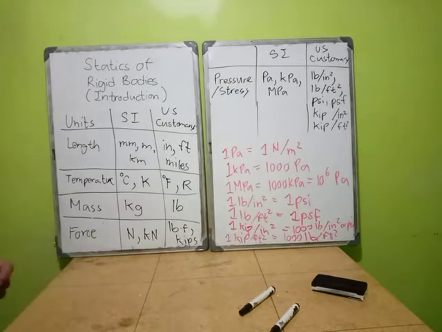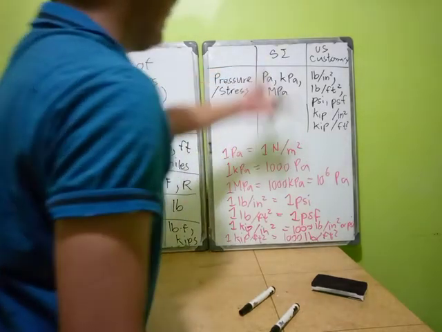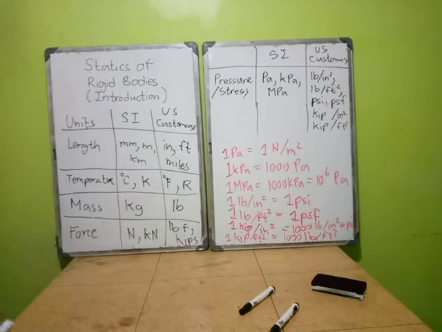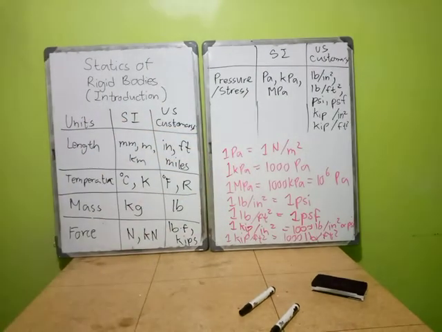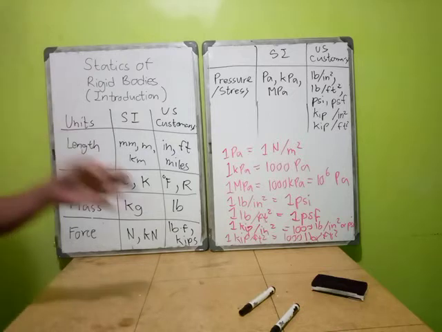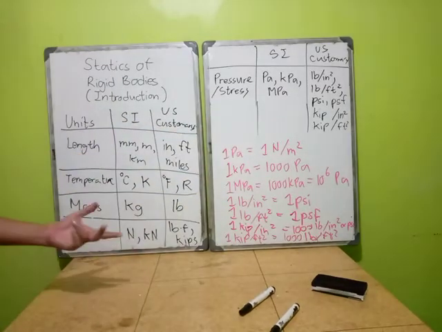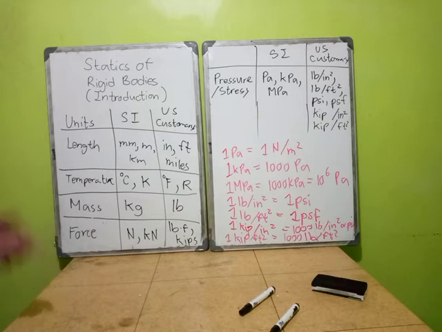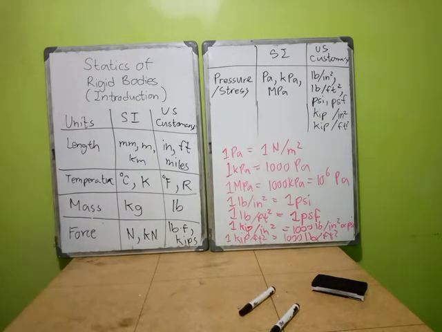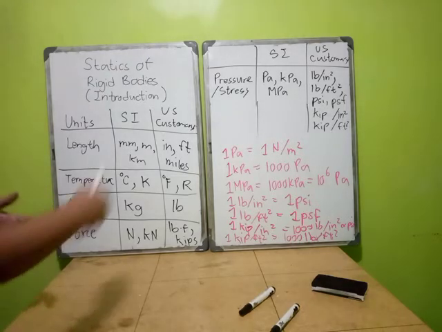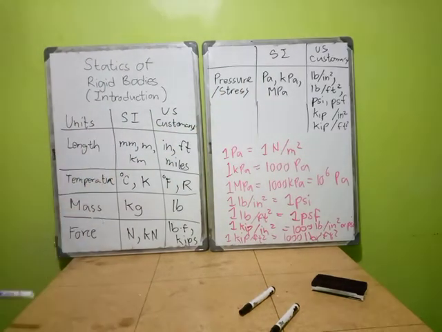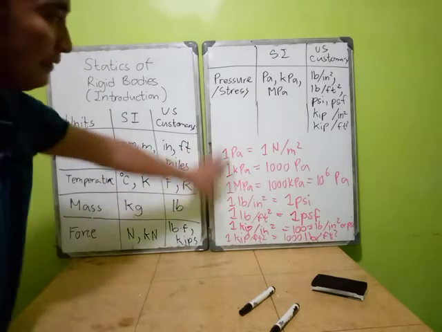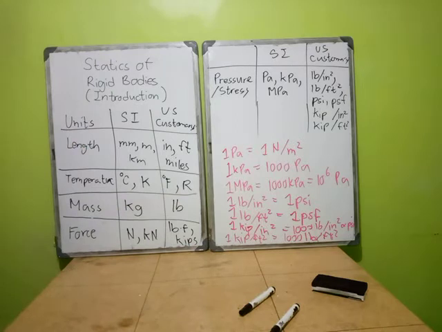And then, paano ba i-convert yung pascals at kilopascals? So, from this, you can convert first from newton to pounds and then from meters to inches or feet squared. So, this can be converted into another. You can actually Google it yourself. So, this is how it works.